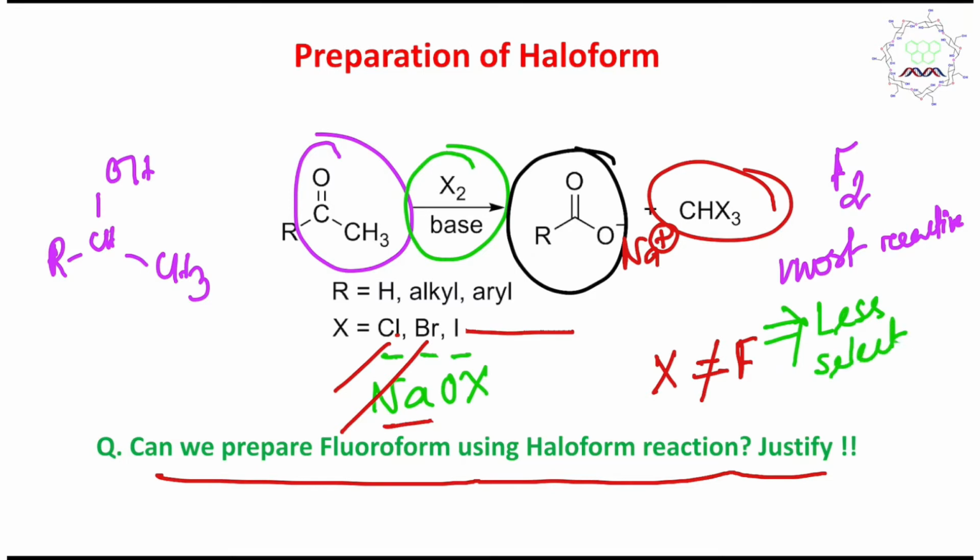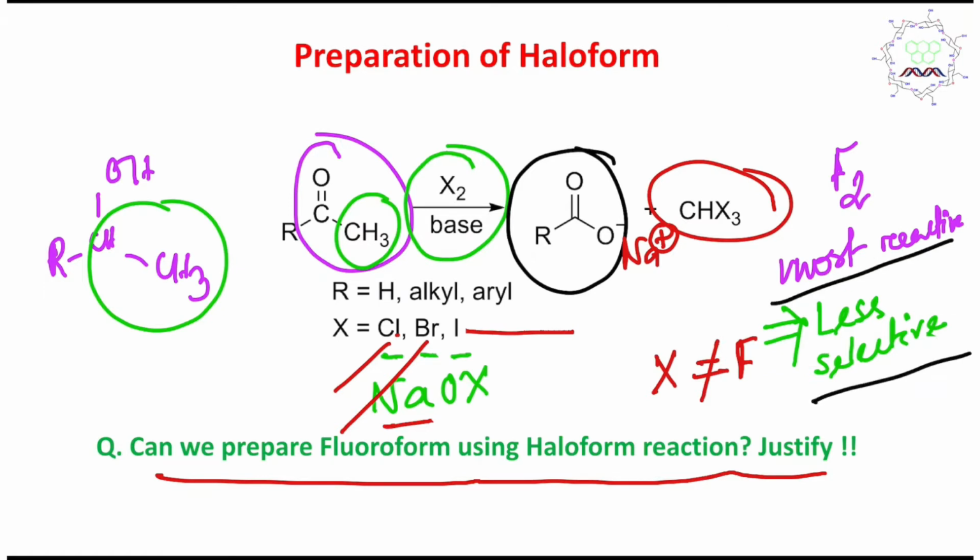The haloform reaction is a selective reaction because it reacts only with these methyl groups and does not affect others. But fluorine, being most reactive, is less selective, so it is very difficult to use. That's why this method is not useful for fluoroform using fluorine and sodium hydroxide.